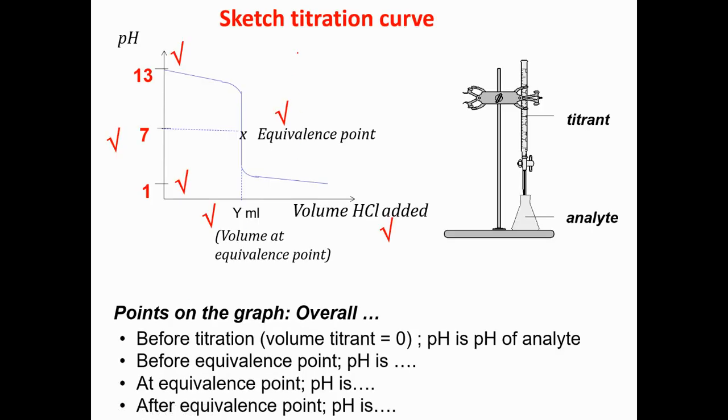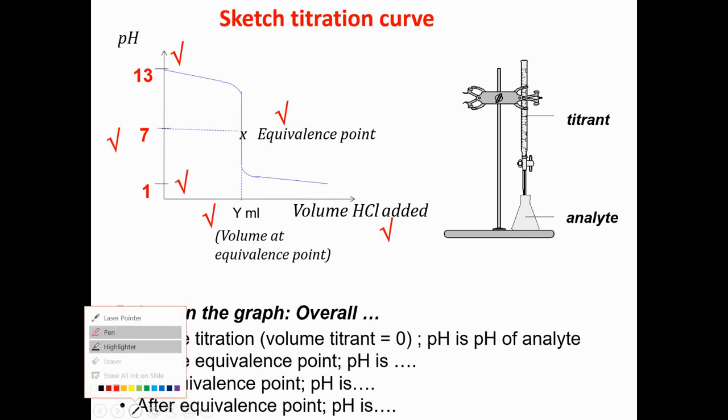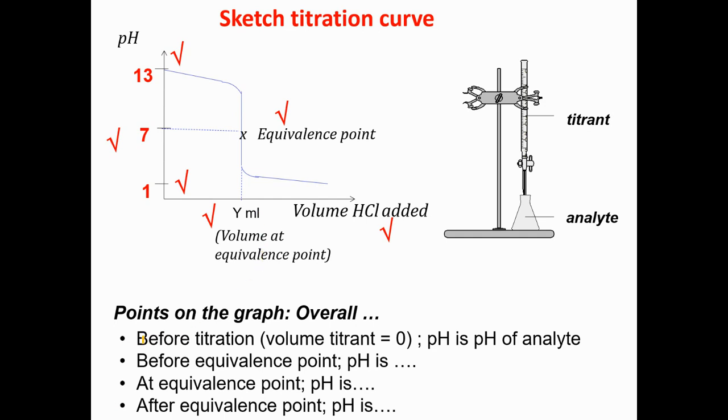When we sketch the titration curve, there are a few things that we need to take note of. Before titration, meaning no titrant is added to the analyte, this is the pH of the analyte.